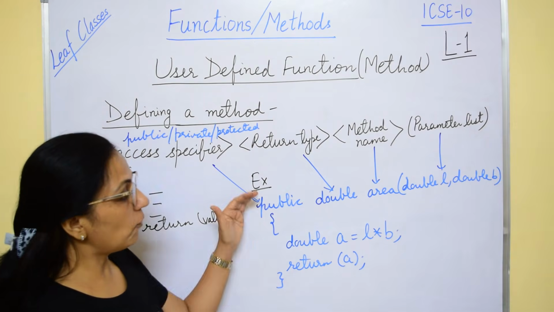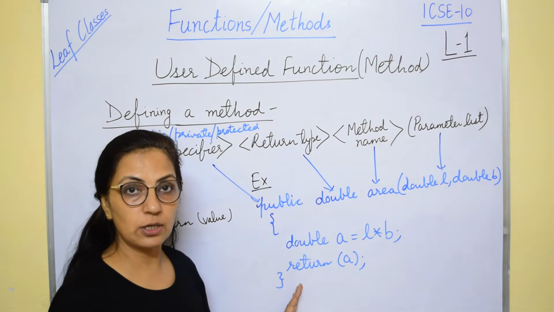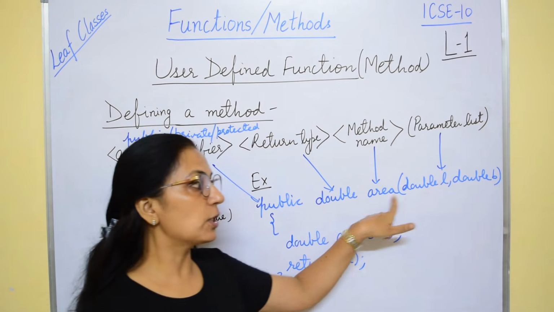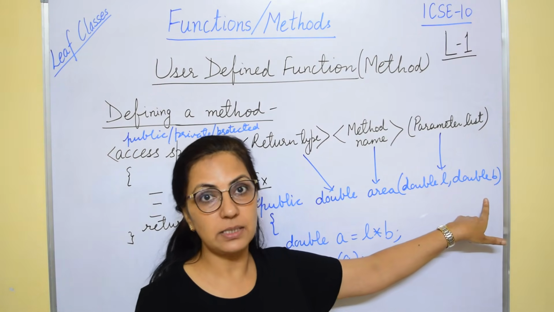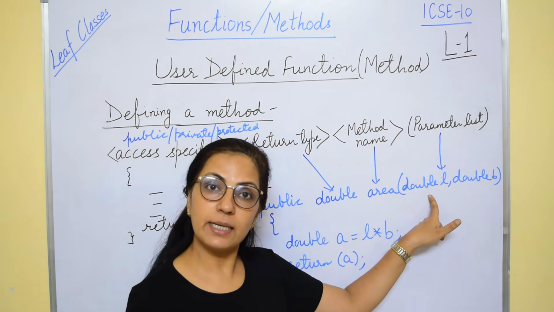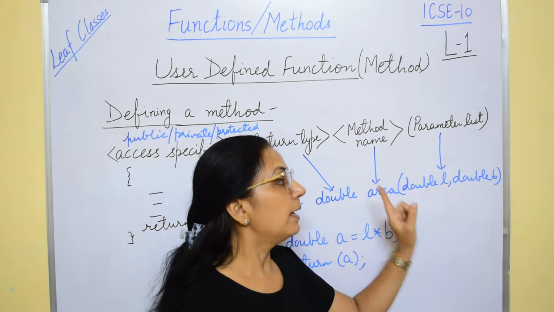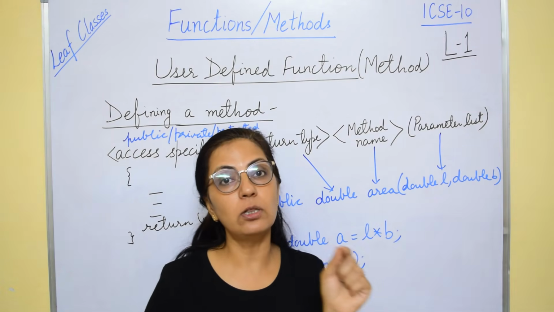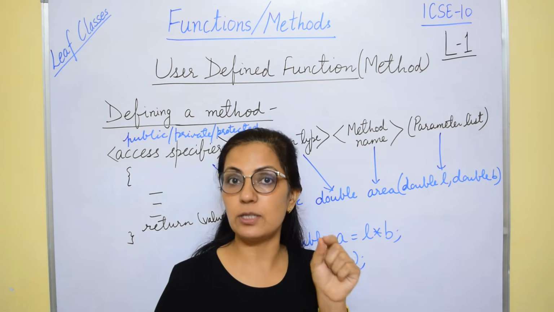So this is how we define a function: access specifier, return type, function name and the parameter list. In each you have to specify the data type. Even if we write 10 values of the same data type, then also with all those 10 variables you have to mention the data type.